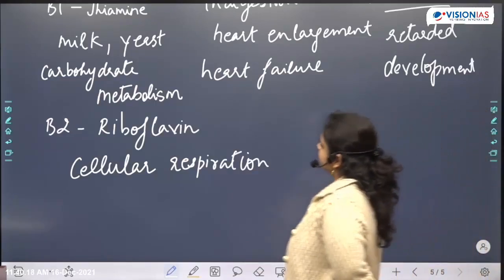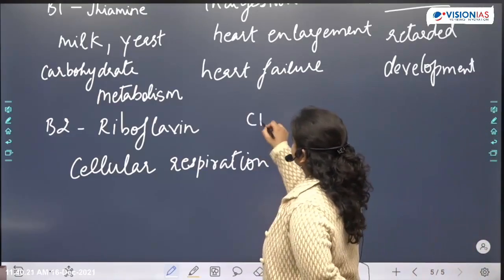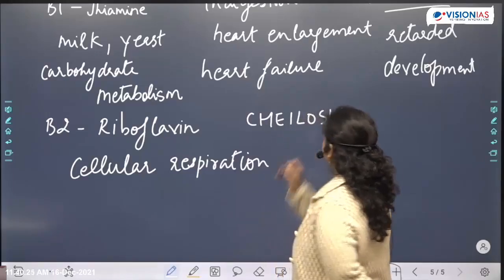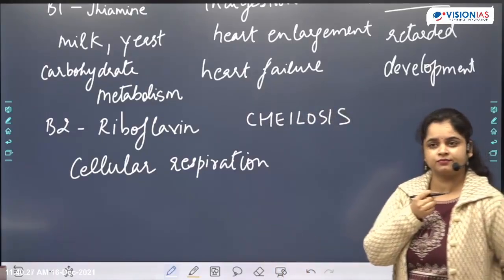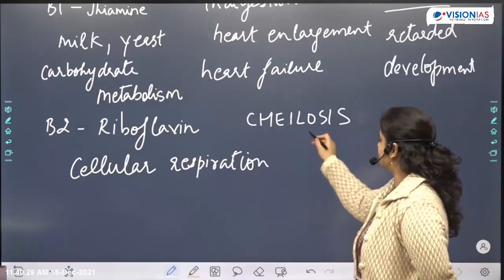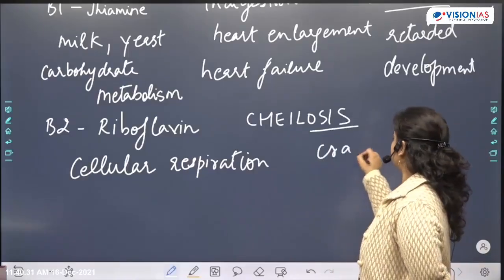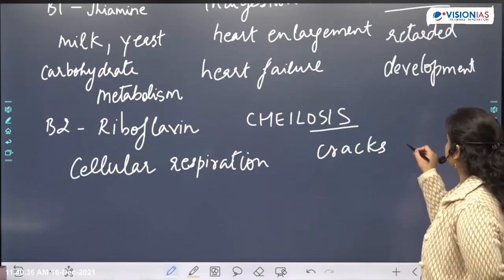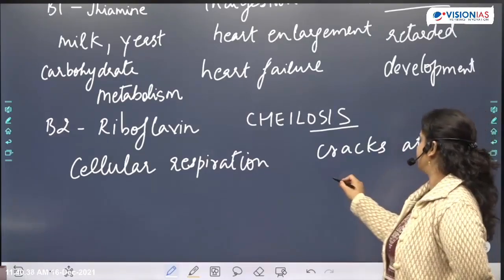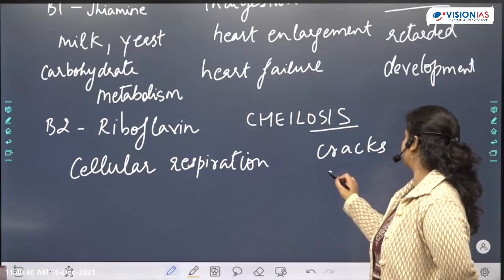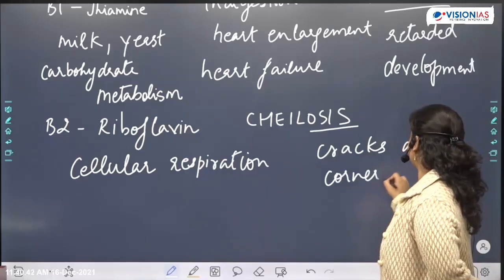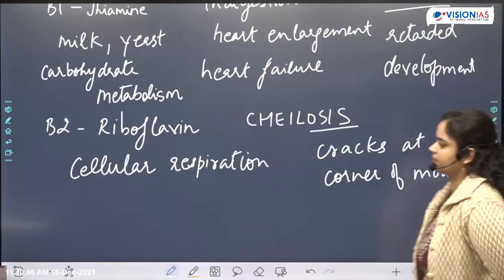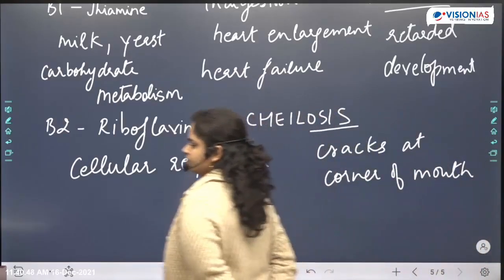There is a deficiency disease here. Its deficiency causes cheilosis, which is development of cracks at the corner of the mouth.